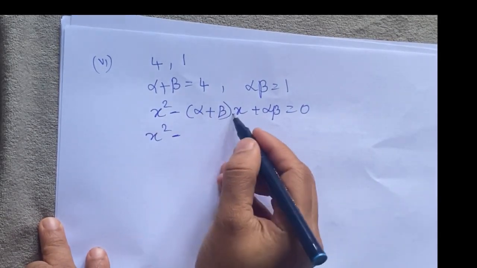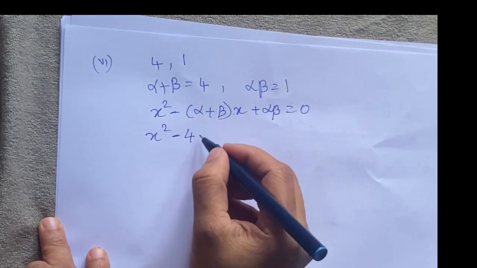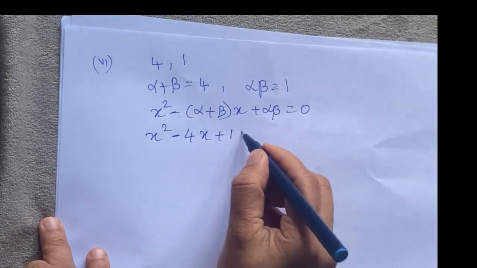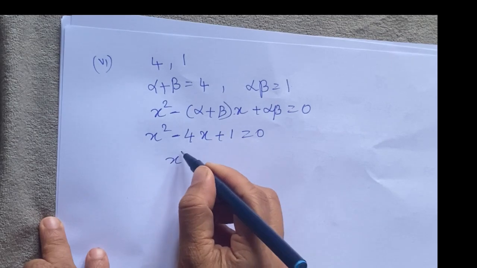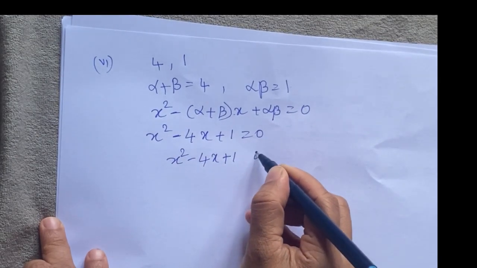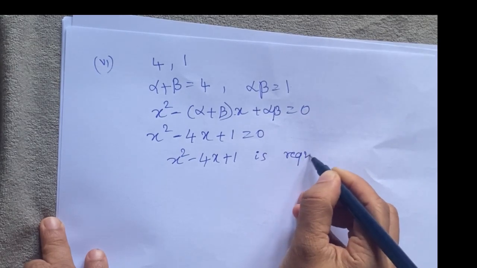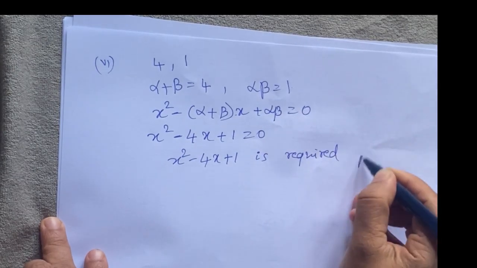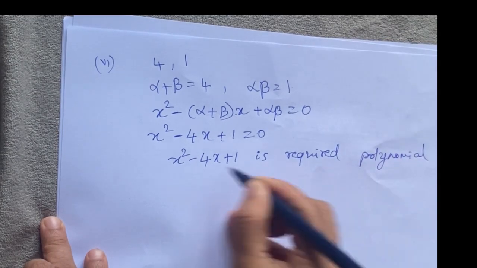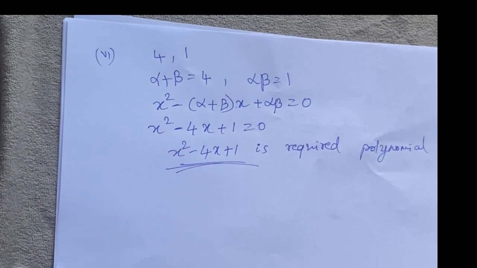Substitute alpha plus beta, that is 4, into x. Alpha beta product is 1, is equal to 0. x square minus 4x plus 1 is the required polynomial. x square minus 4x plus 1.